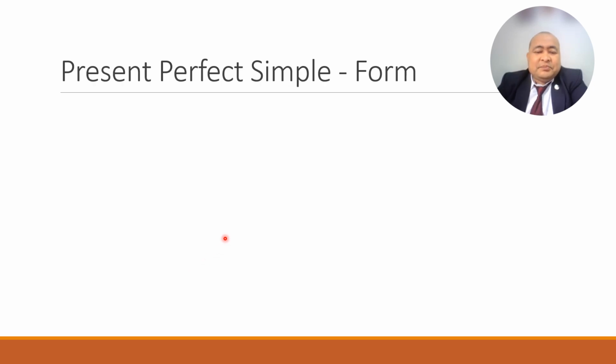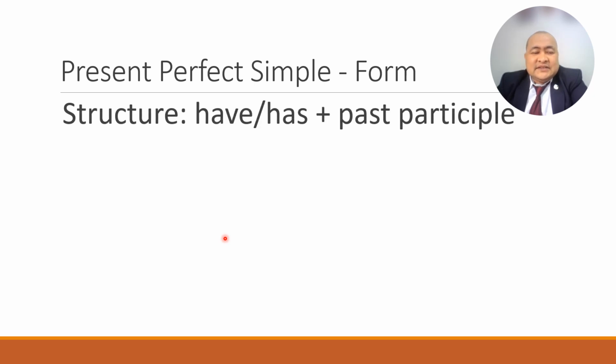Let's see the form of present perfect simple. The form is subject, after that the auxiliary verb have or has, and then the verb in the past participle form, or verb 3. Let's see examples.